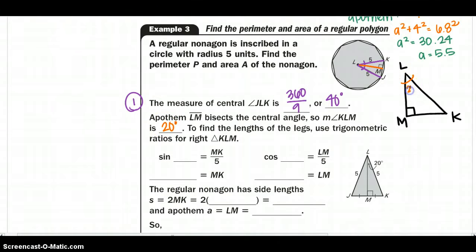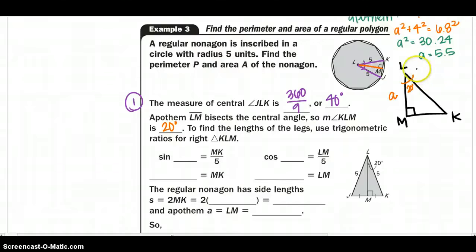I would advise y'all to pull out that right triangle with the apothem being one of your legs, just because it's going to be easier to see, a little bit bigger, and out of the way of all the other stuff in the picture. I just think that will be more helpful. So to find the lengths of the legs, use trig ratios for our right triangle.